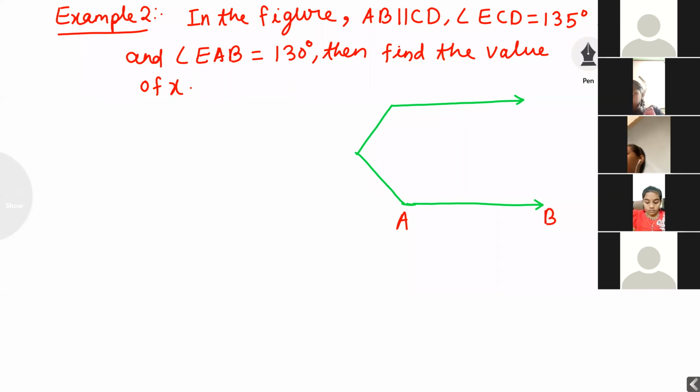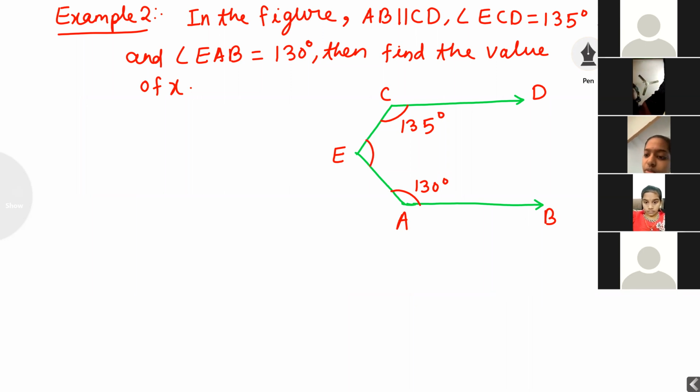This is CD. This point is E. He has given angle ECD is equal to 135 degree. Next, EAB. This angle is 130 degree. He is asking find the value of X. This angle is asked. Draw this figure, everyone.